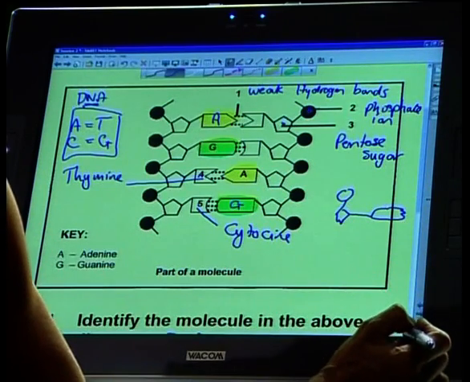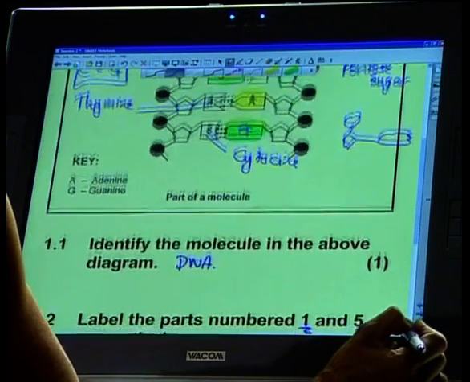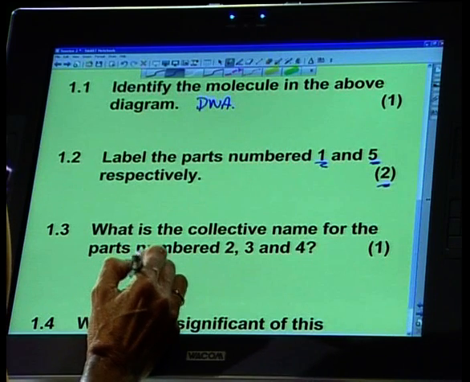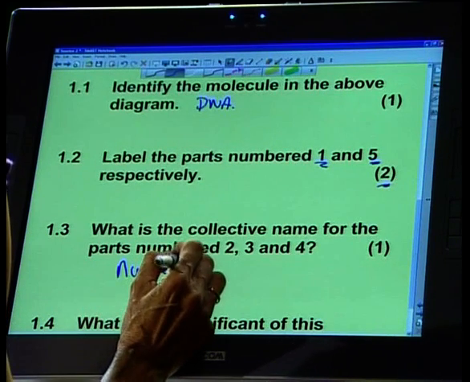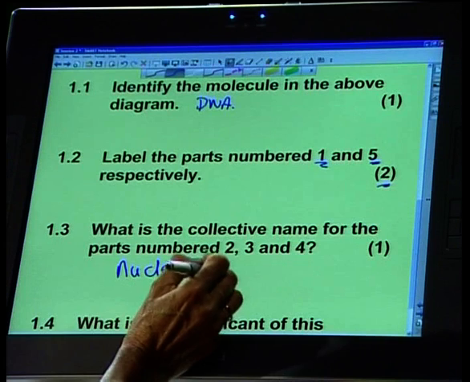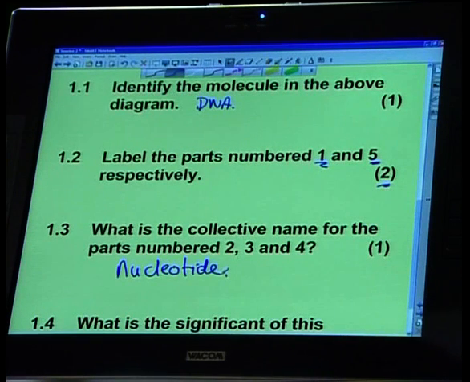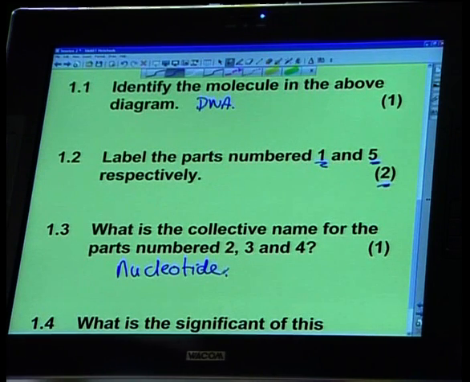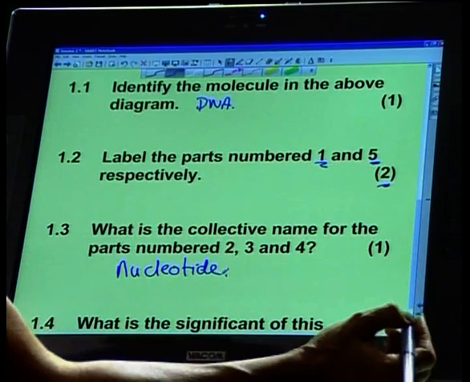I know you know. It is a nucleotide. And what is a nucleotide? It is the building block of all DNA and RNA, or nucleic acids. Because what are DNA and RNA? They are nucleic acids.